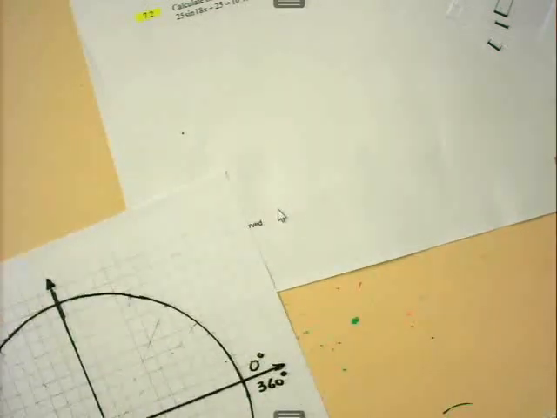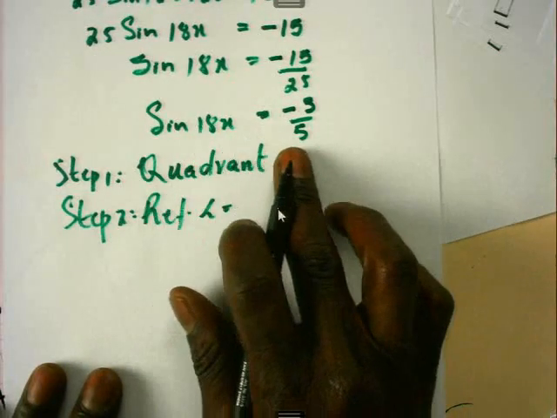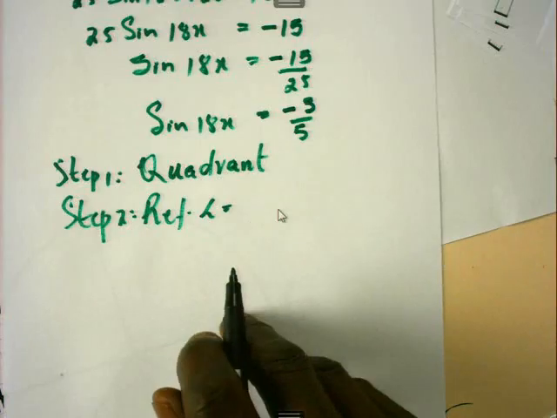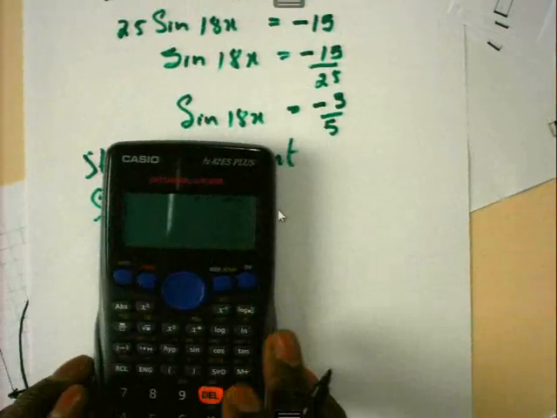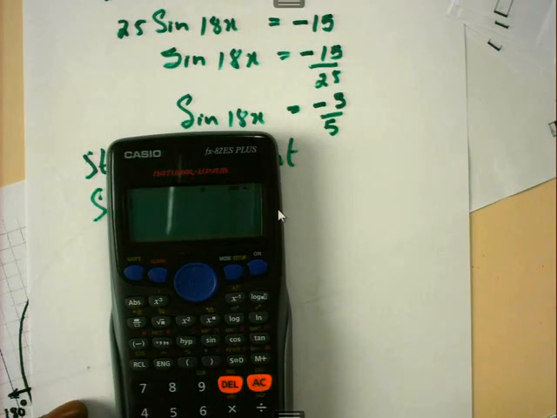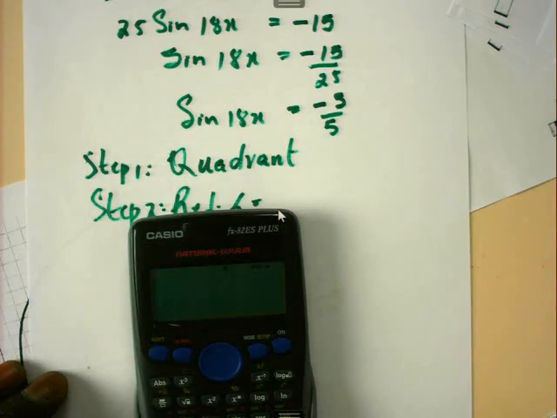Now, our problem is sine 18x equals negative 3 over 5. So we take our calculator. In this case, we cannot be so intelligent. We need to take our calculator and press arcsine of, here is a fraction on my Casio.